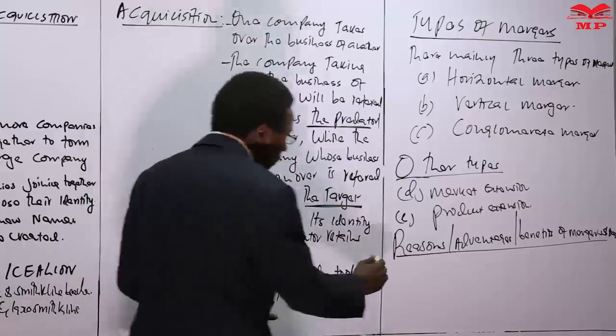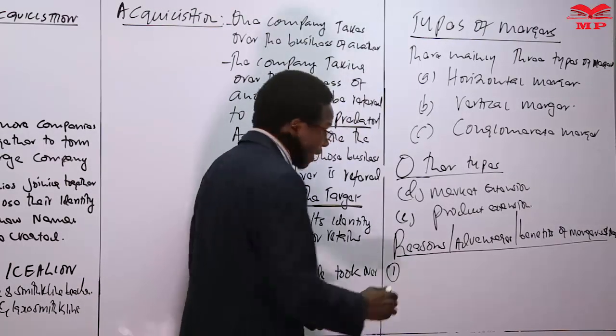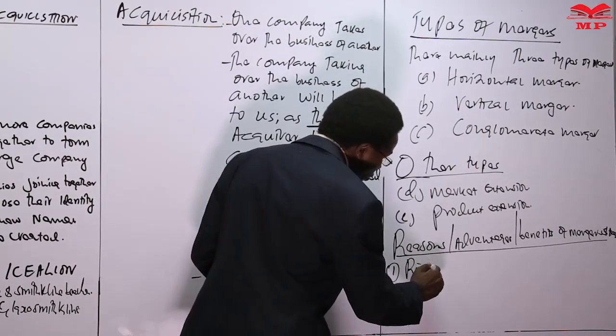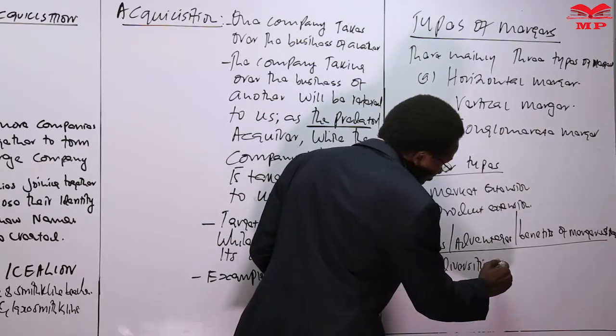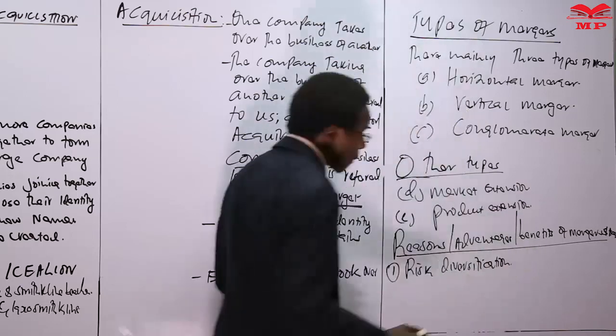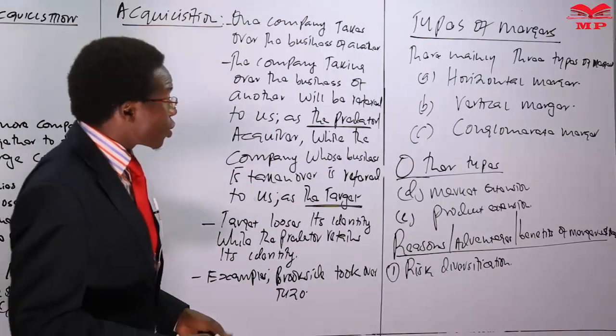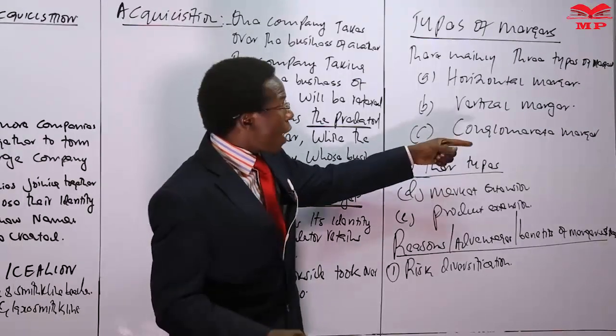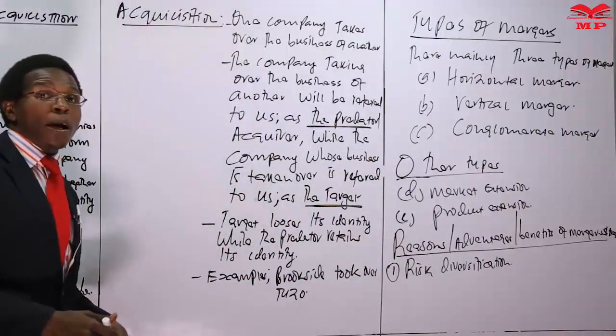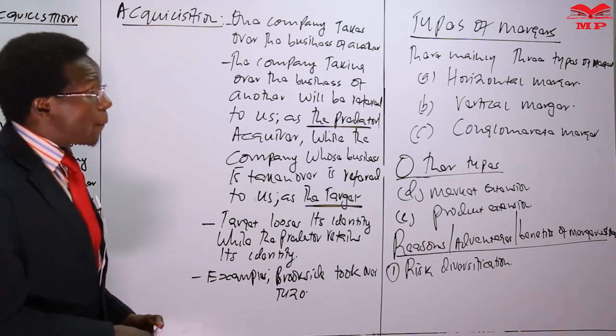Number one obvious reason is risk diversification. When you talk of risk diversification, we'll look at an example of a conglomerate merger, where you'll merge with different companies doing unrelated business.